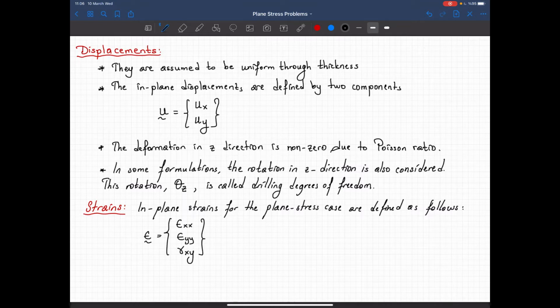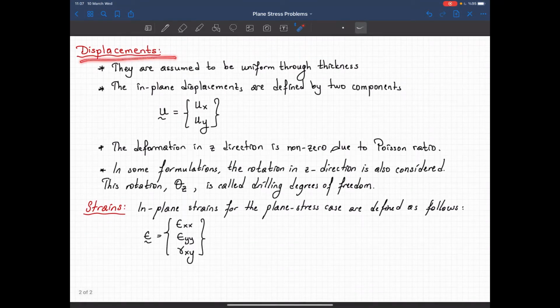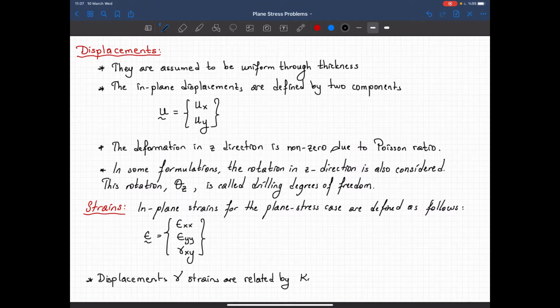So in order to formulate this element, we will follow the procedure that we always do. We will relate the forces with the stresses. Now here is the relationship. Now I need to relate the displacements with the strains, so displacements and strains are related by kinematic equations.